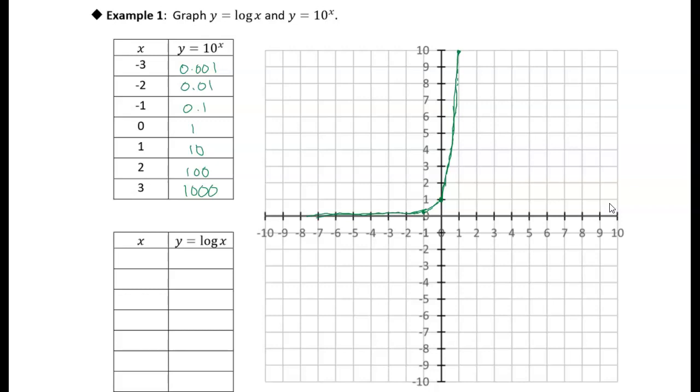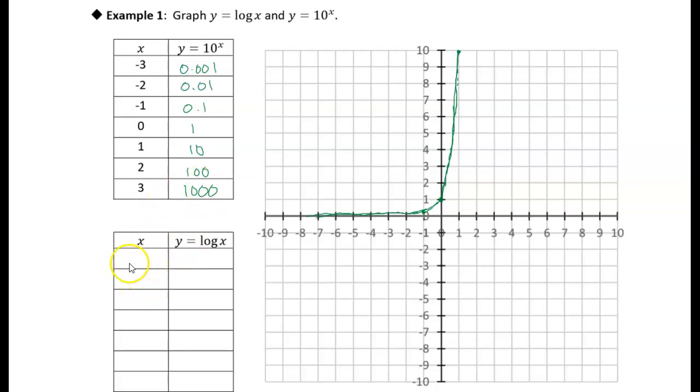So now notice I haven't actually listed any x values to choose. I could choose 0, 1, 2, 3, like I did in the previous example, but it's much easier to choose values that are easy to take the logarithm of. And of course, those would be powers of 10 because the log is the exponent. And so if I have a power of 10, all I have to do to find the log of it is just take the exponent.